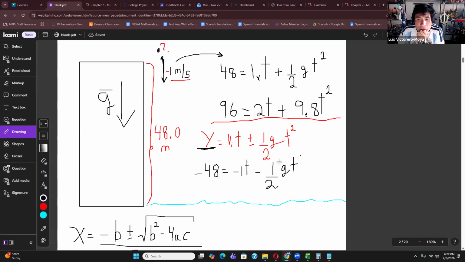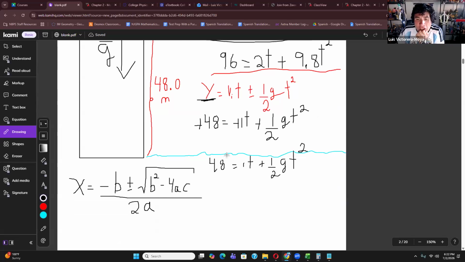But look what happens. Negative, negative, negative. So you can change everything to positive. So 48 equals 1 times time plus 1/2 gravity times t squared. Okay, that's how you get this equation.